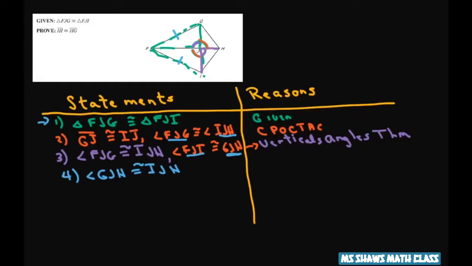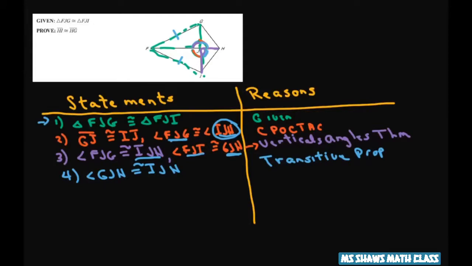So here's your IJH here, and we know that this equals this here. All right, so we know that by your transitive property of congruence. So we know that these two angles are congruent right there.